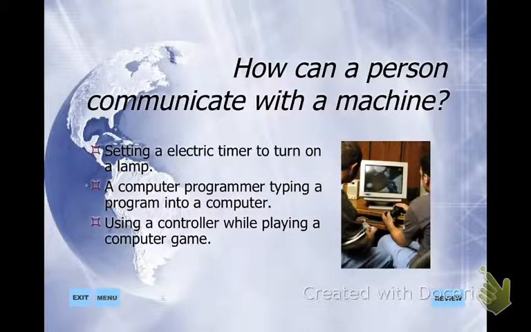Playing video games, when you play video games, you are telling the game system what to do. So those are just simple ways that you talk to a person or a machine. There are plenty of other ways that you communicate to a machine, like the thermostat on your house to keep your house warm. You move it up and down, and then it tells the machine what to do.